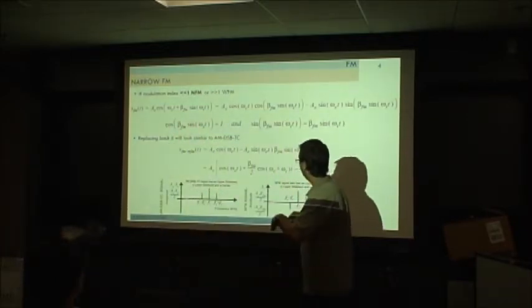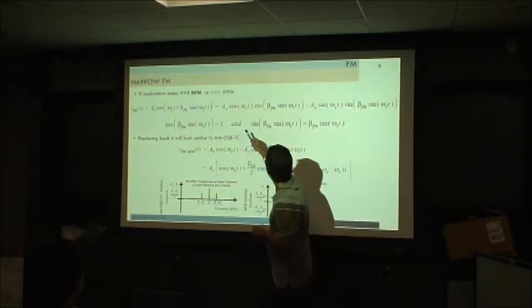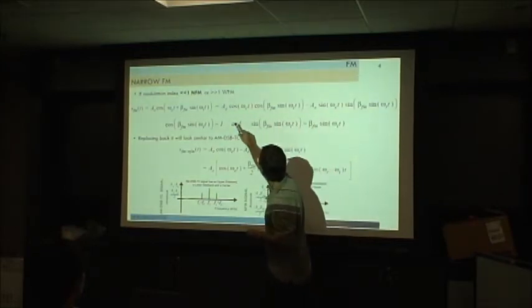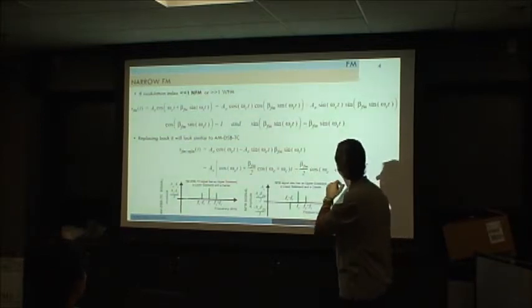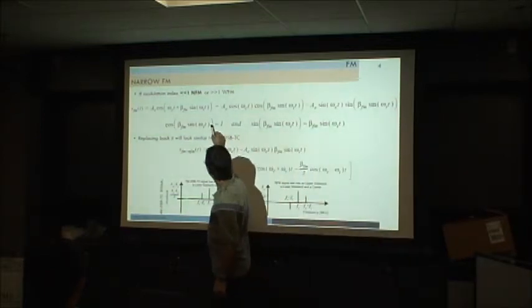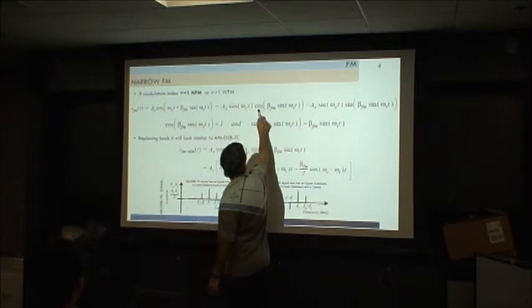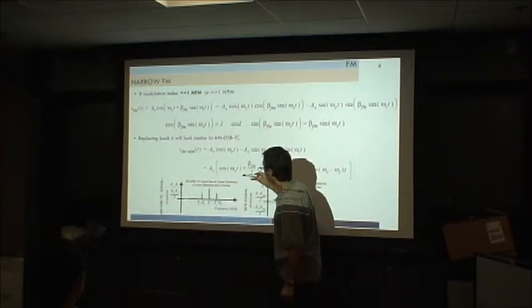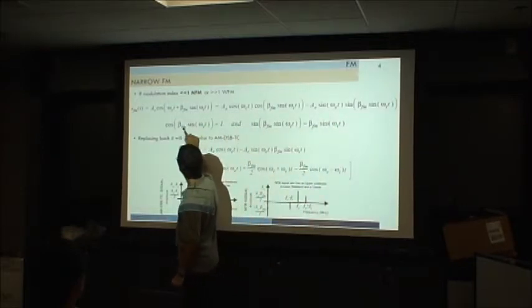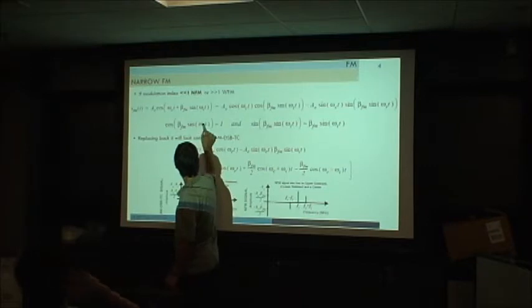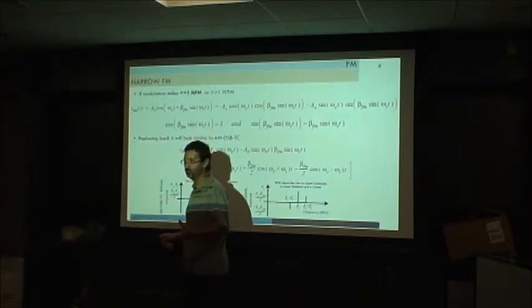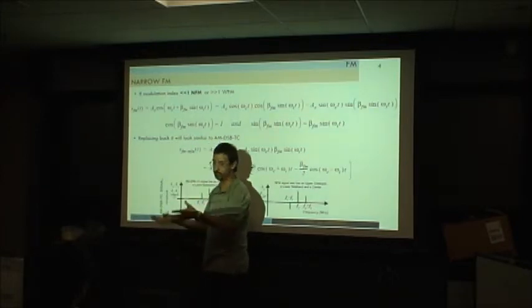Okay, and then we apply this quadrature modulation here. Okay. So we will end up with this factor, this one, and that one. But what happens if this is much smaller than 1? So we can approximate this to 0, because it's much smaller than 1 multiplied by whatever will be much smaller than 1.